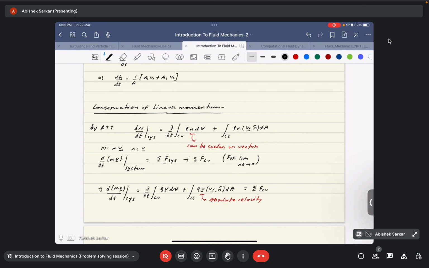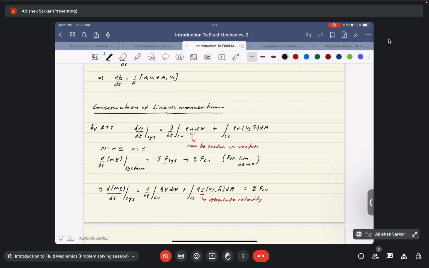But again, in the limit of delta t tends to 0, this net force that acts on the control system will be equal to the net force that acts on the control volume that we have taken into our consideration.